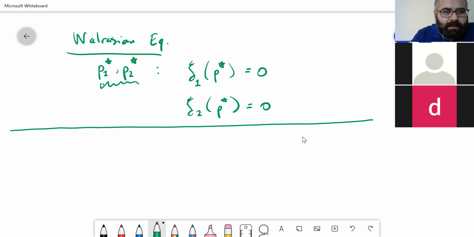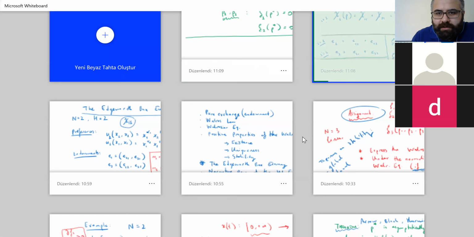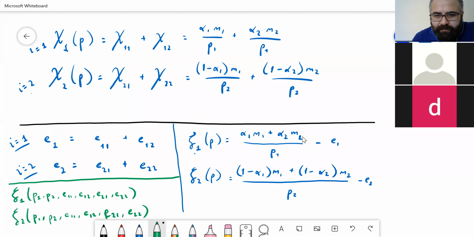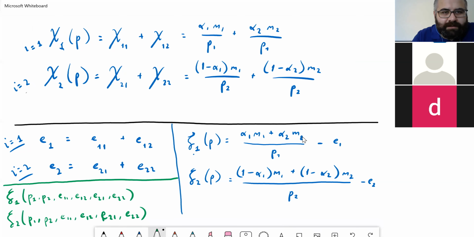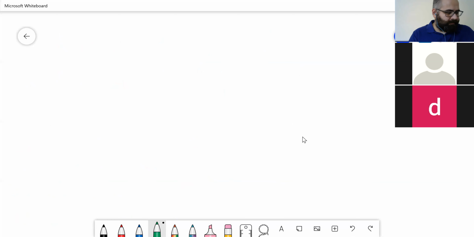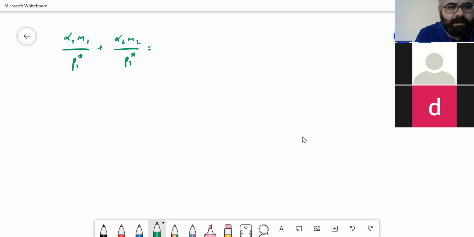So if you take these equations and replace M1 and M2 as well and do the math, you're going to end up with this one. You should check this, okay, my friends. So you have alpha 1 M1 over P1 star plus alpha 2 M2 over P1 star. Okay, this must be equal to E11 plus E12. That's one equation.